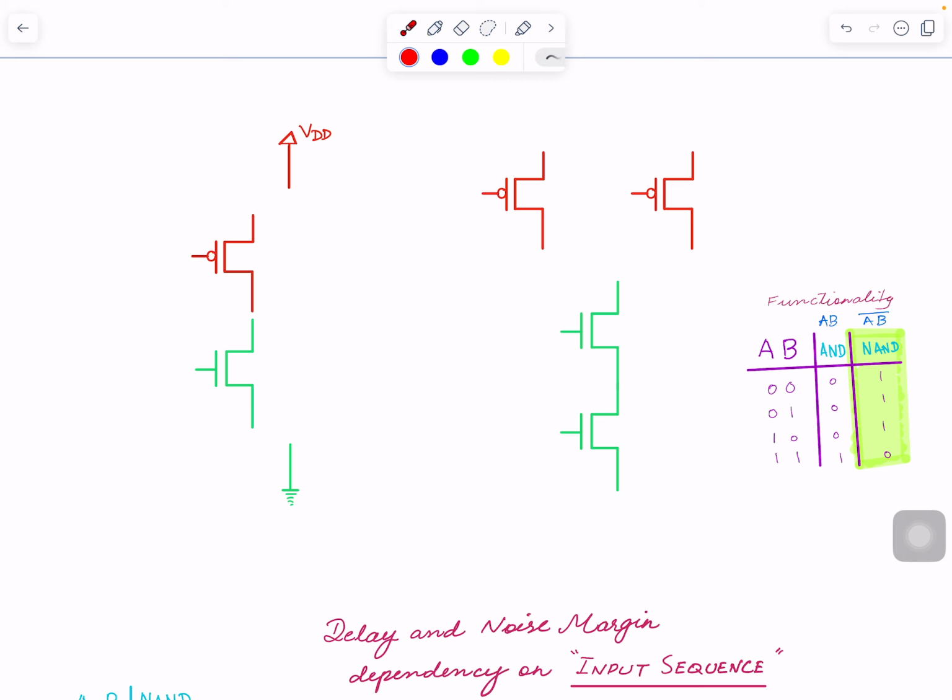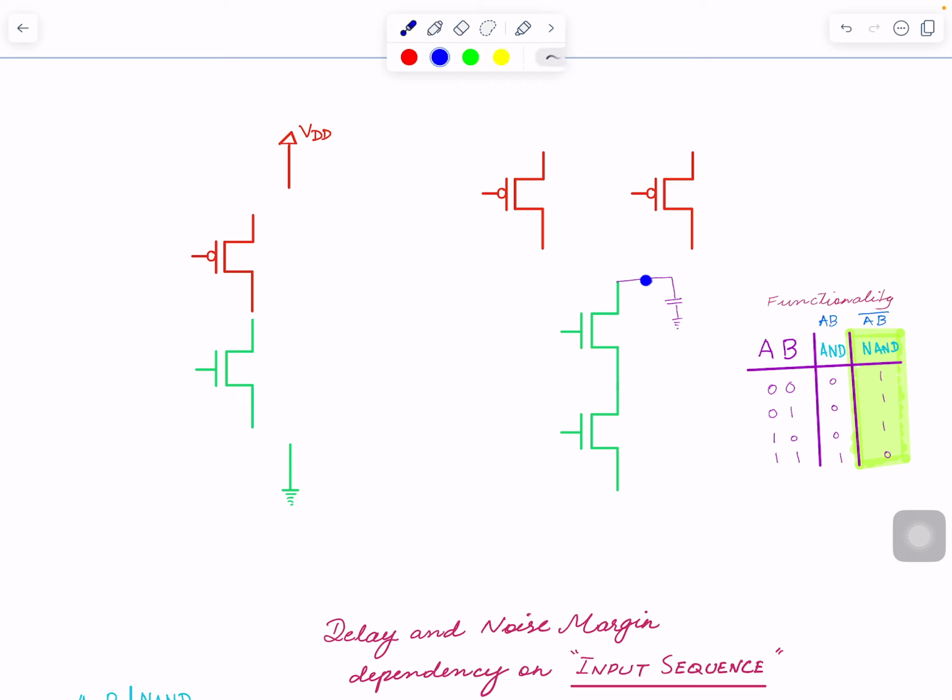So A and B. When you connect two NMOS in the series way, they become like AND. Means the circuit, if this is a capacitance here, right? If this node, let's say we don't have PMOS connected, this is where capacitance is.